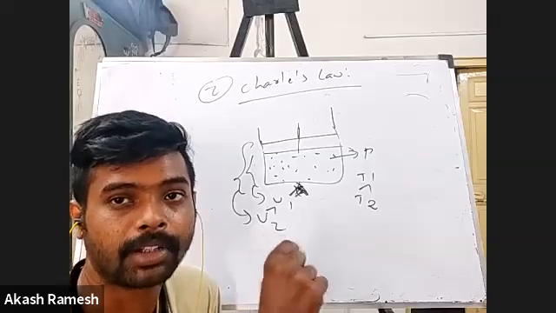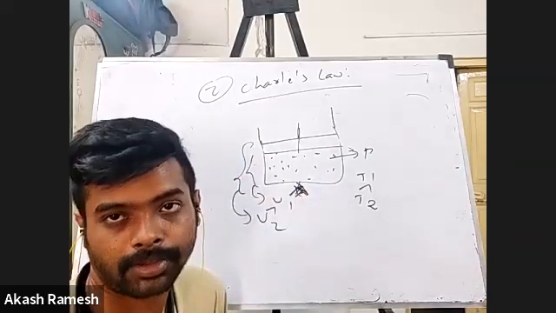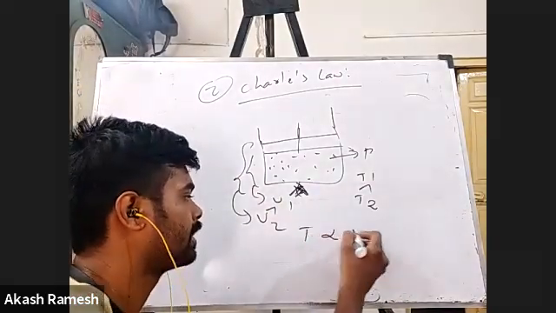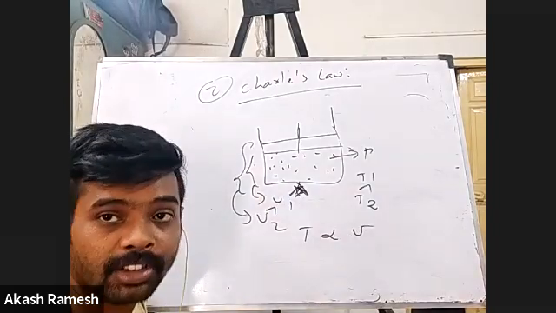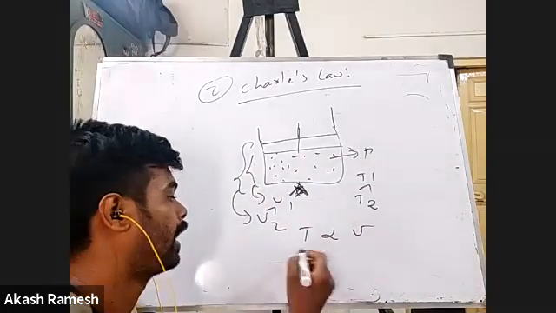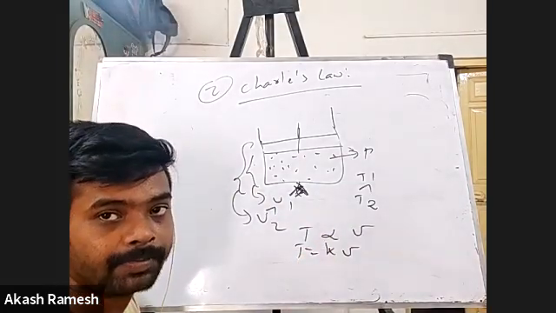When I increase the temperature, making sure the pressure is constant, the volume increases, right? So I can put it in the mathematical form. T is directly proportional to V. This is the mathematical form of Charles' law, right? And if I put a constant, T is equal to K into V, right?